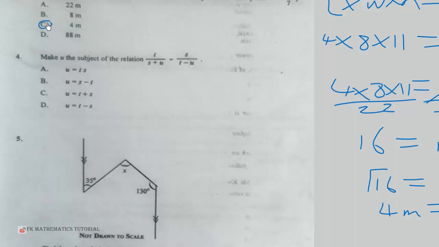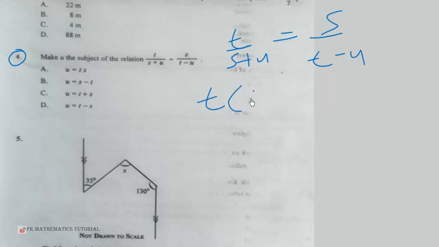We have to make u the subject of this relation here. So make u the subject of the relation t over s plus u is equal to s over t minus u. So when you cross multiply, you get t into bracket t minus u is equal to s into bracket s plus u.